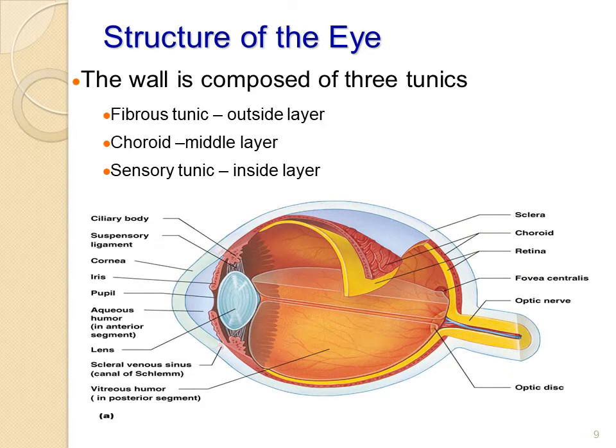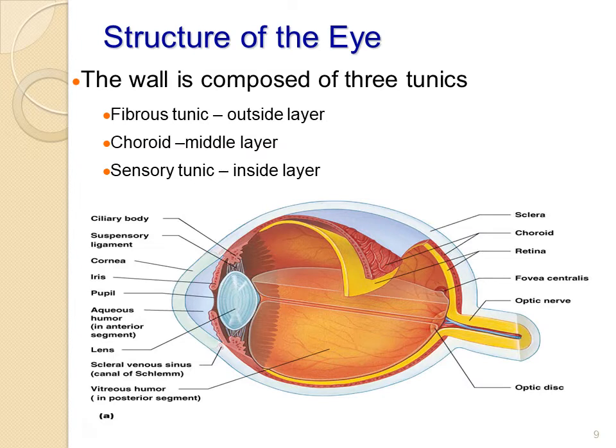The structure of the eye consists of three tunics: the fibrous tunic, the choroid, and the sensory tunic. The fibrous tunic is the outside layer, and in this picture of the eye we can see the fibrous tunic, and we can see the choroid, which is the middle layer, and the sensory tunic, which is the inside layer.